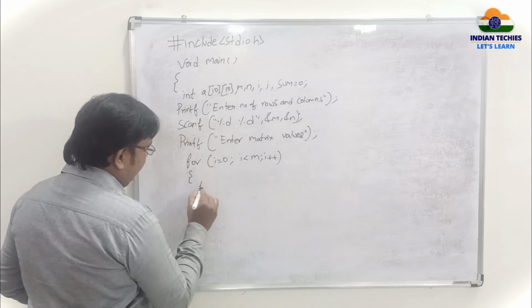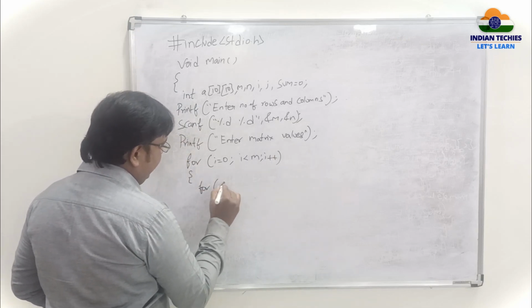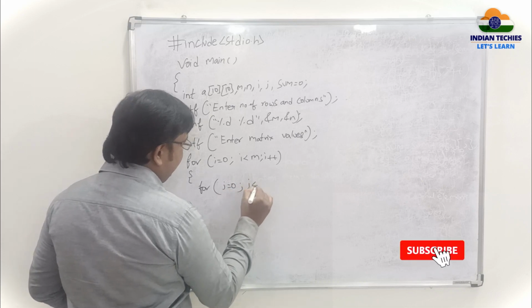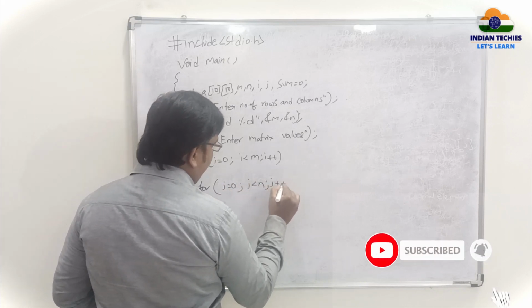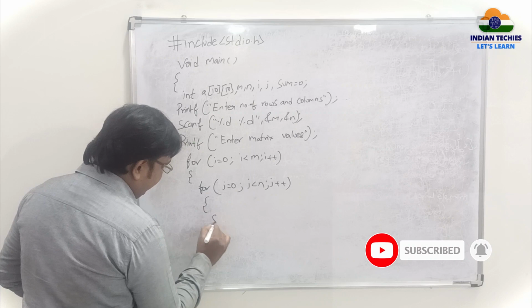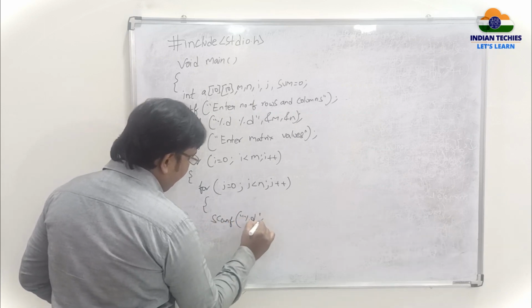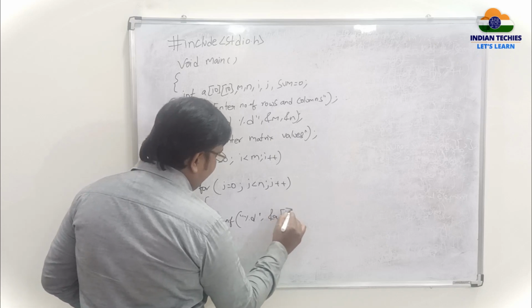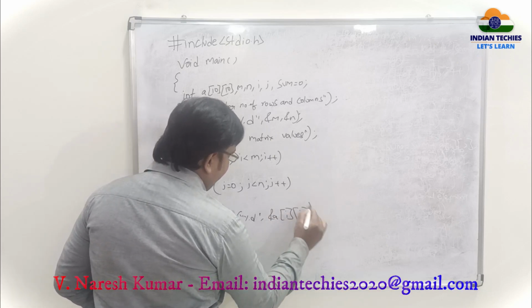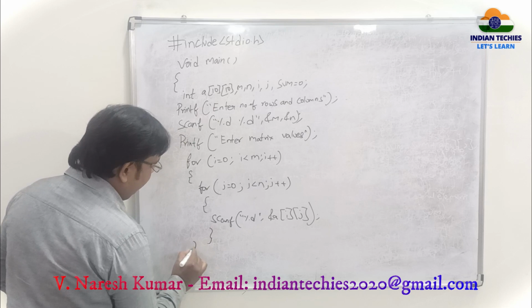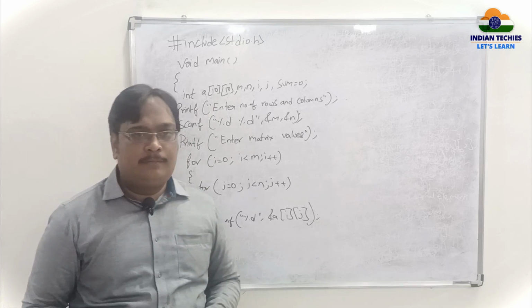Second for loop will take column input, that is j equal to 0, j less than n, j plus plus. Inside this I am writing scanf %d, &a[i][j]. Close this for.